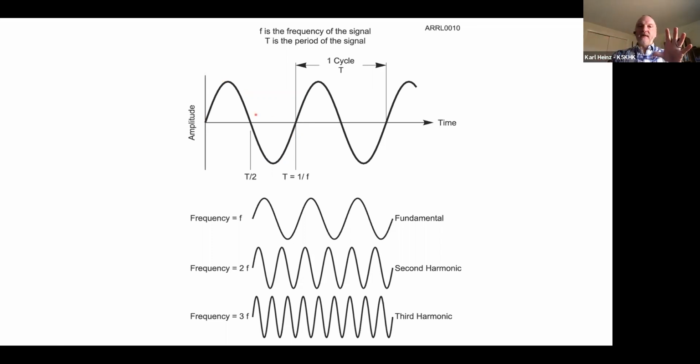We have the period where we measure how long it takes to go from the neutral up and down and back up again. And then we have the harmonics, which are the second, third, and fourth, and fifth, and so on, multiples of our fundamental frequency.